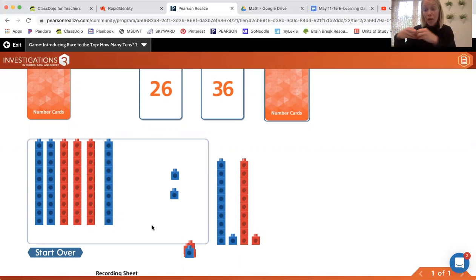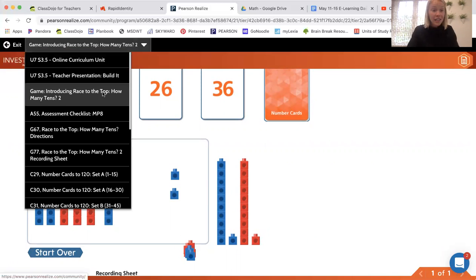So you can trade them out. I have 10 down here, and I just moved them to the side, and then I took a group of 10 and put it up here with these guys. It just makes it easier to count the groups of 10. Cool, so that's something new that we learned today too, that we can trade 10 ones for one group of 10.